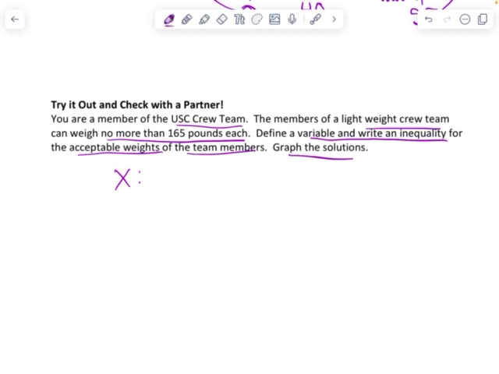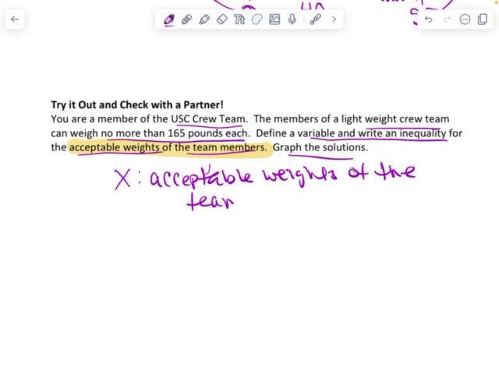Let's use x. And that x is going to represent, we have to define it and write an inequality for acceptable weights of the team members. So x is the acceptable weights of the team members. See how I just pulled that right from the problem?